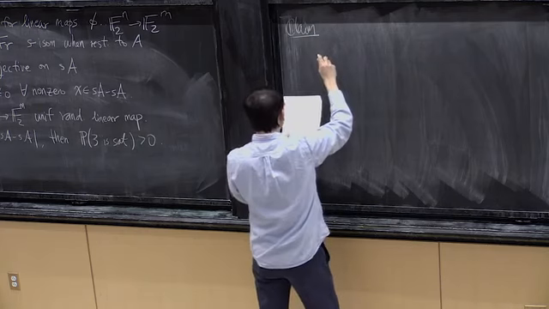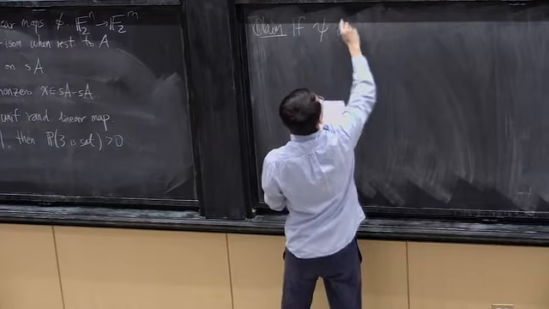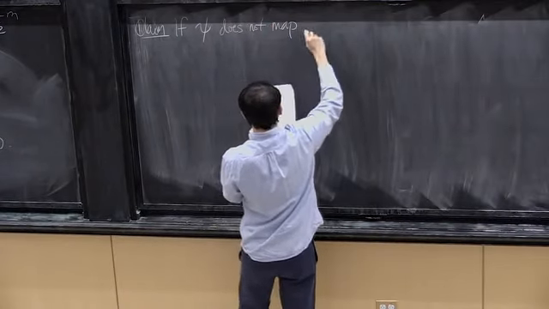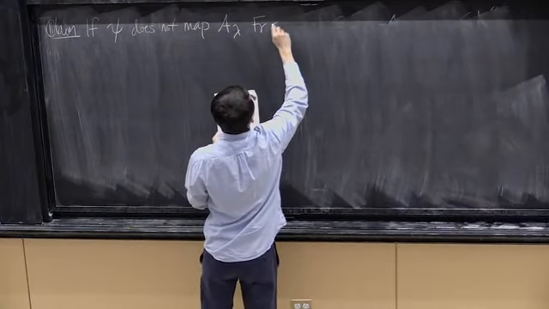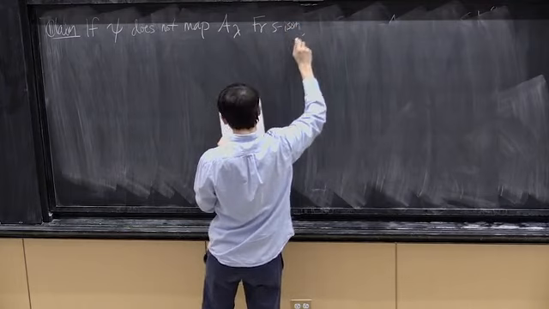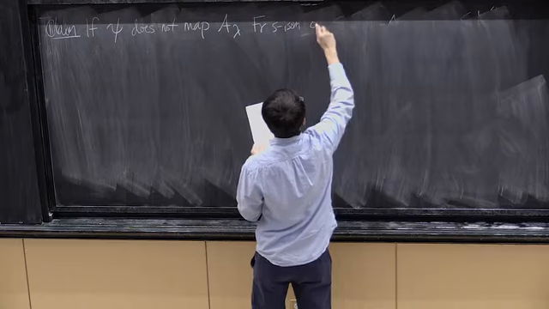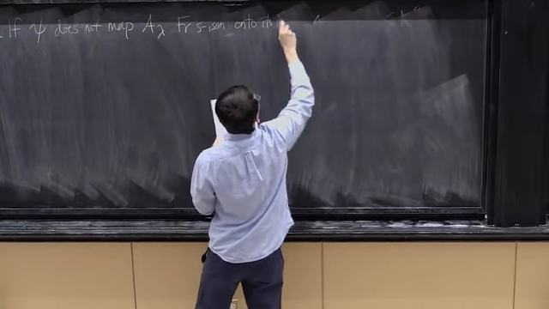So we need to check that, and we claim that if psi does not map A sub lambda Freiman isomorphically onto its image, then something has to have gone wrong.